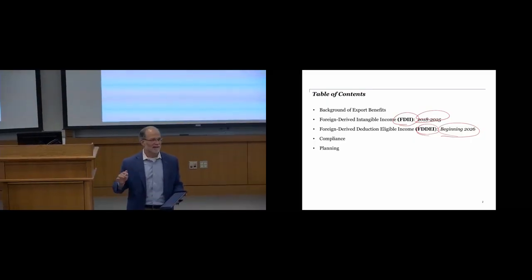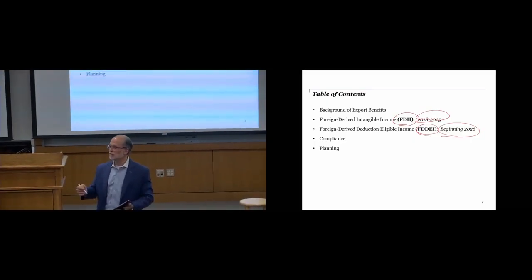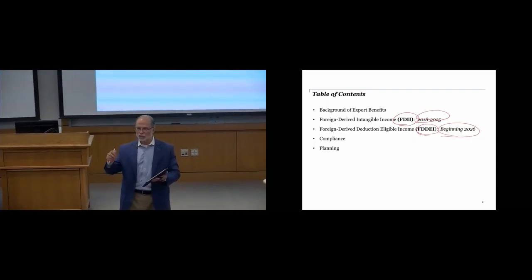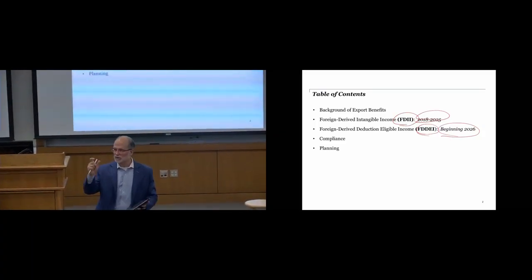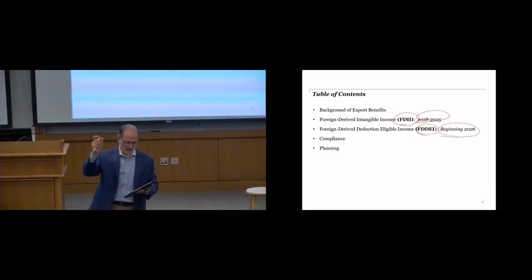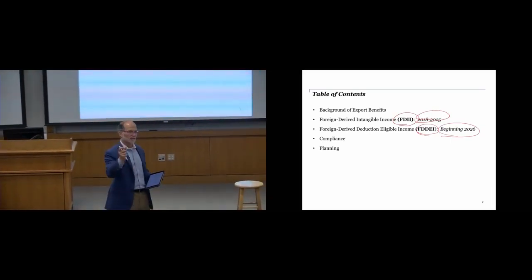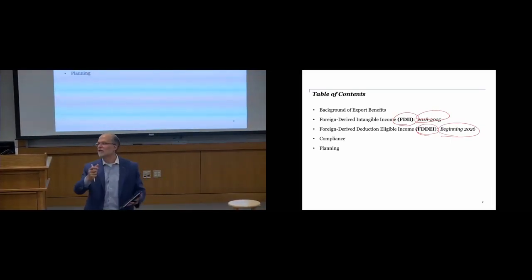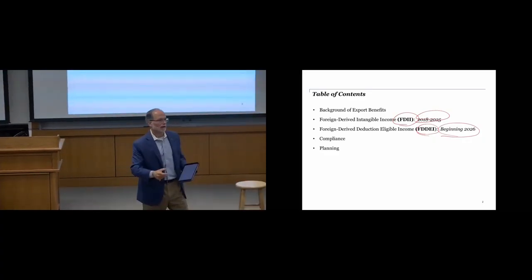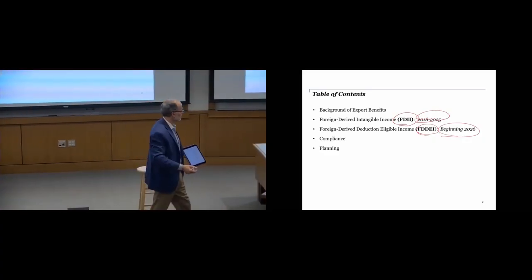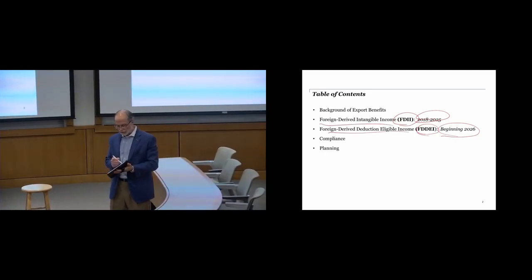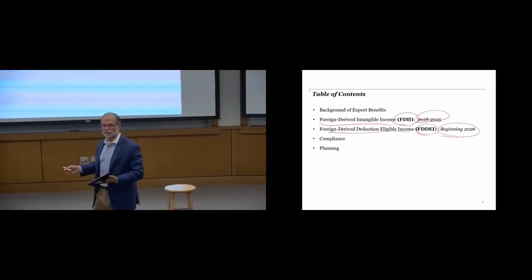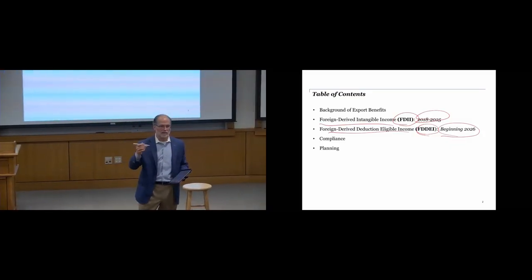I think this is more straightforward than GILTI, because what they did in FDDEI was one of the components in arriving at FDII. So we just really tweaked the prior regime as part of doing the stuff that they wanted to do to extend things. We're going to have to compute lots of different terms, but I think it is somewhat intuitive: if you think about the policy, that'll get you to the right result.